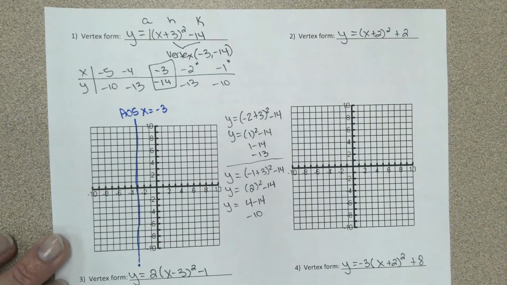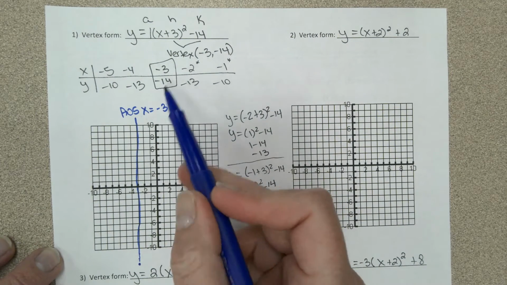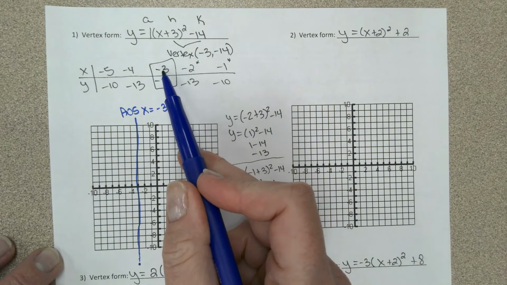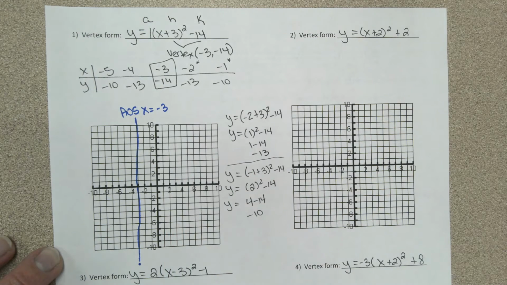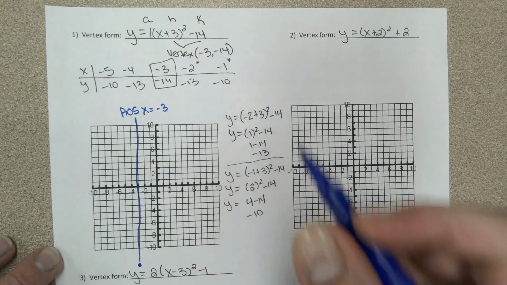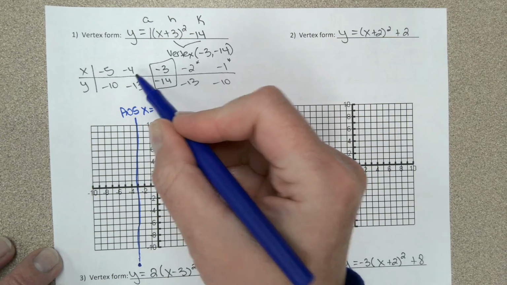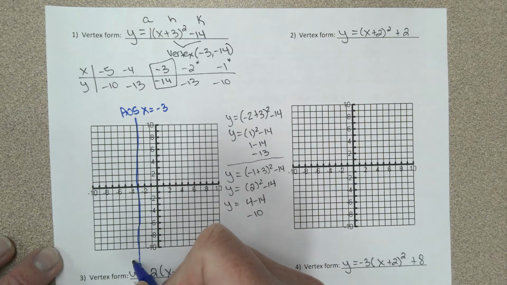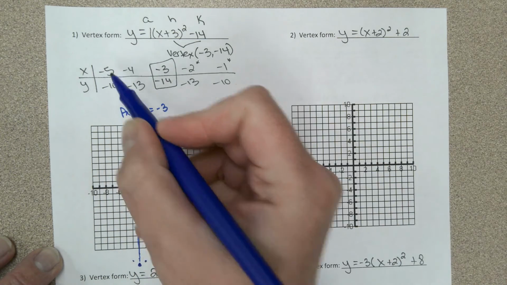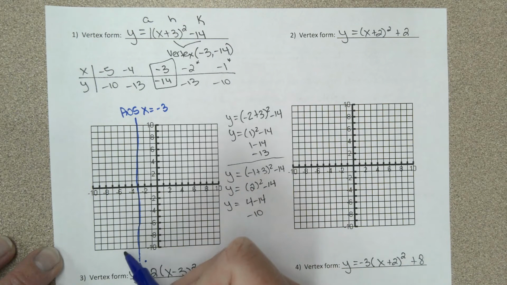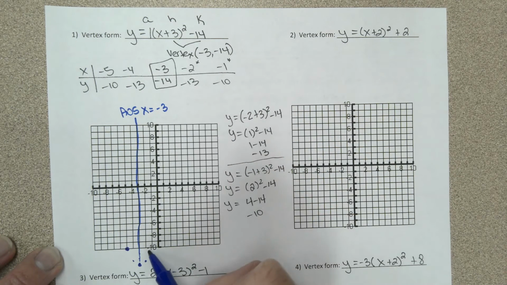Your axis of symmetry is the up and down line of the x part of the vertex. And let's see, I have -4, -13, -5, -10, and then you reflect it over, and that's also at -1, -10.